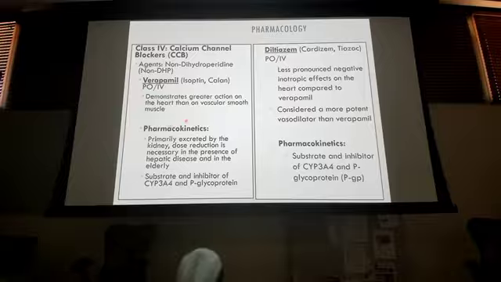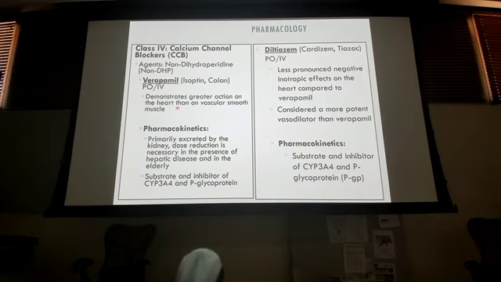You see that here, you have more of your action on your heart than on your vasculature, right? Which is why we call these our non-DHPs versus your DHPs, which deal more so with the vasculature. So remember the difference between your DHPs and your non-DHPs, and if we're talking about an arrhythmia where my rate is abnormal, I'm looking at my non-DHPs, right?